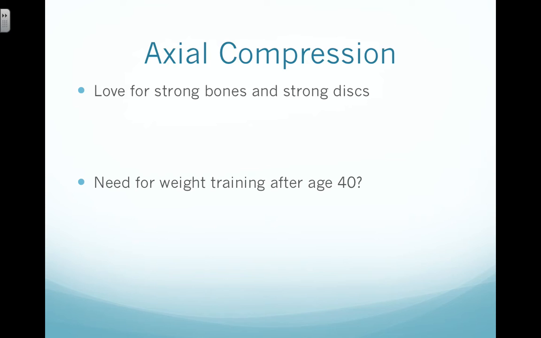So let's talk a little bit about loving our strong bones and our strong discs. That axial compression really is taken up significantly by our intervertebral disc and that nucleus pulposus. Most of our resistance is actually provided by the disc and that strong vertebral body.